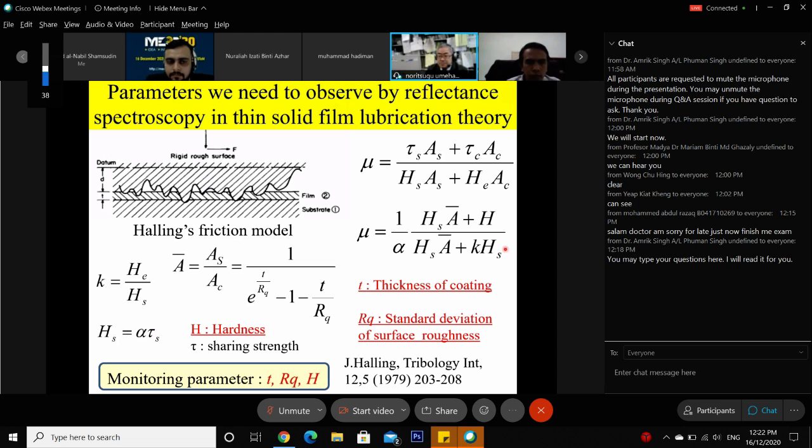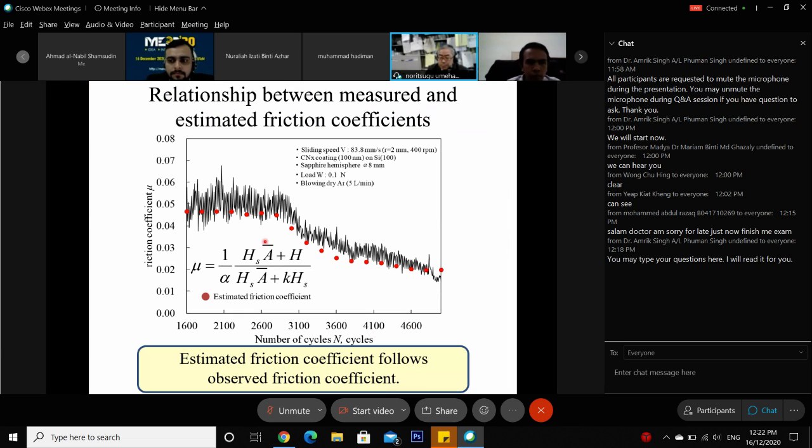Finally, the red points are the calculated values and the black line is the measured value. We can estimate the friction coefficient well. So even if the friction coefficient changes by repeated sliding, we can estimate it by detecting the thickness, roughness, and hardness of the topmost layer.